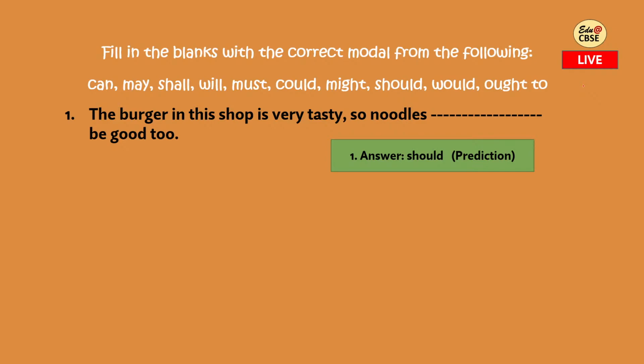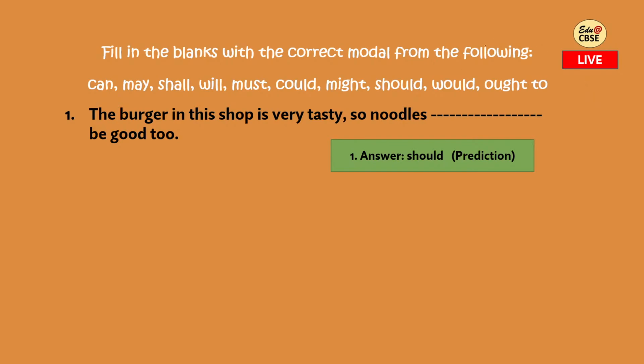Now, should is prediction here. If you remember, पीछे examples में हमने ऐसा एक sentence किया था जहाँ पे should was a prediction. जब हम कुछ predict करते हैं, if you remember that sentence, by next month, I should have enough money to buy a car. So prediction, जहाँ पे कोई prediction है.